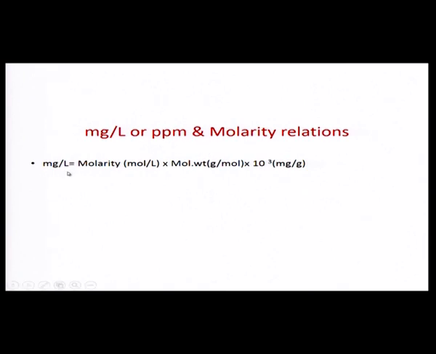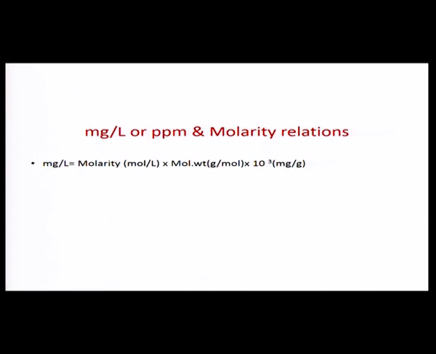So milligram per liter is equivalent to molarity, normally expressed in moles per liter, into the molecular weight of the particular chemical substance, normally expressed in gram per mole, into 10 power 3. That is the conversion from milligram to gram.